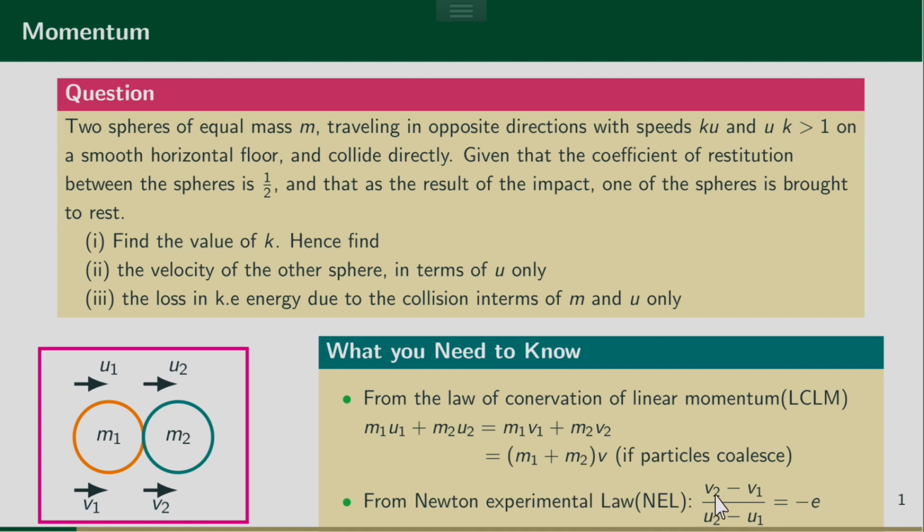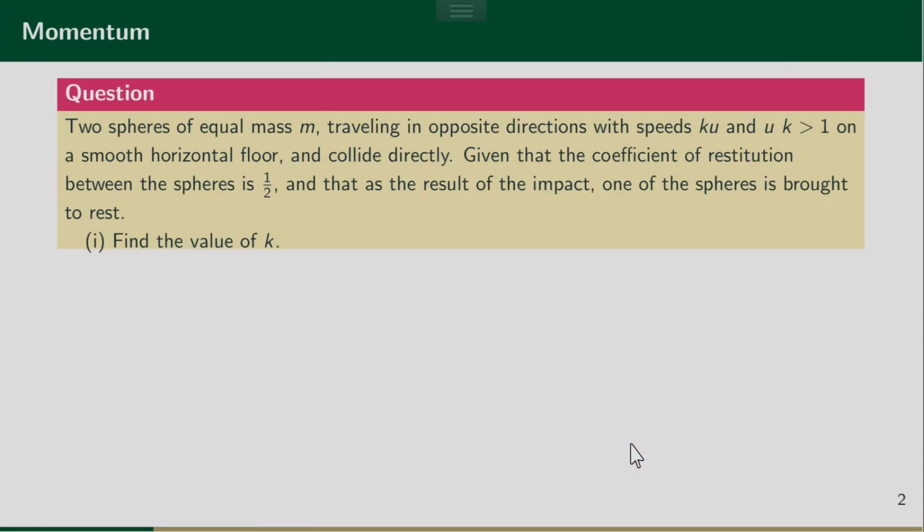Mathematically, it can be stated as v2 take away v1 divided by u2 take away u1 is equal to negative e. In some books, you can see v2 minus v1 divided by u1 minus u2 is equal to positive e, but both of them represent the same mathematical equation. Now, with this being said, let's move on and answer the question.